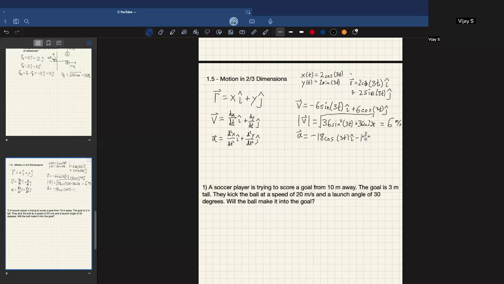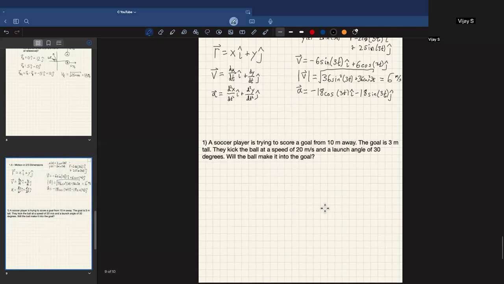And what's happening, you can probably see this, is that the magnitude of the acceleration is always 18 meters per second squared. And interestingly enough, you can draw out the acceleration vectors. You're going to see that they're always pointing towards the center of the circle. So this really is describing uniform circular motion for an object, which is kind of cool.